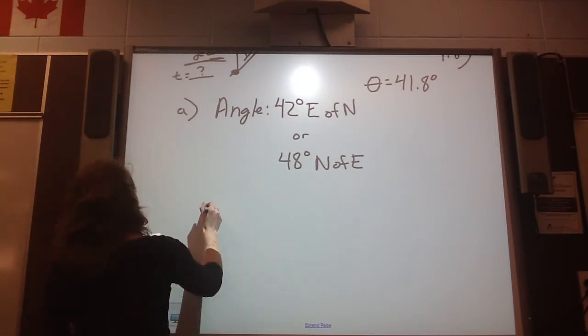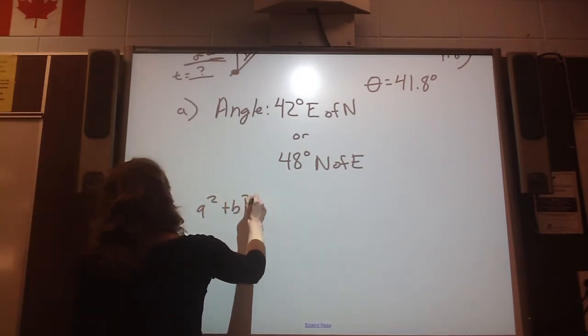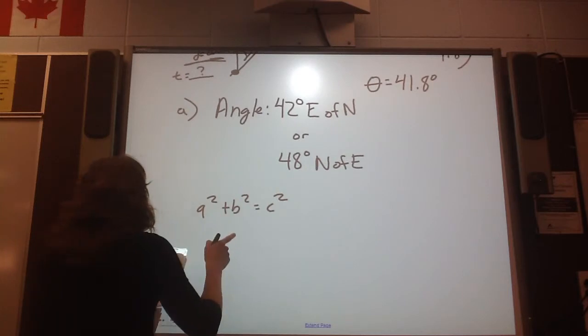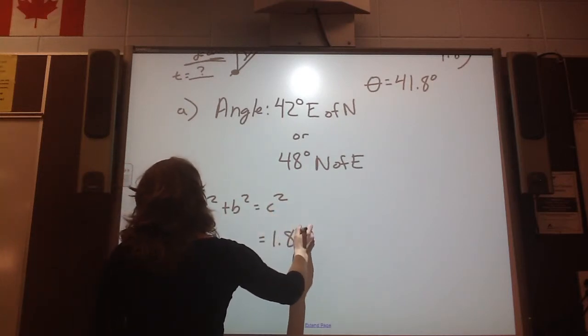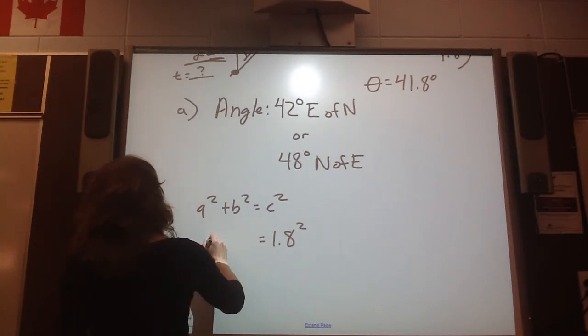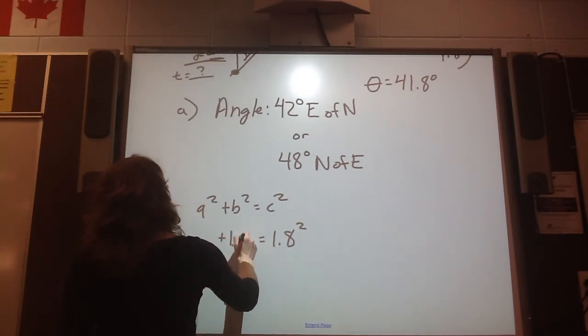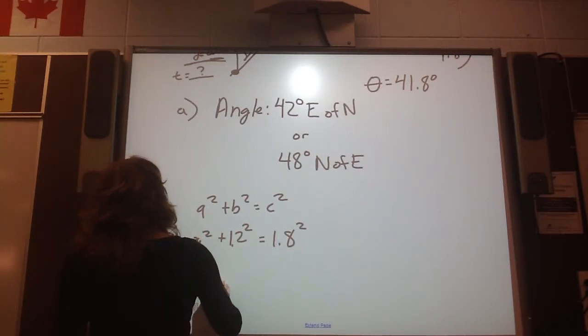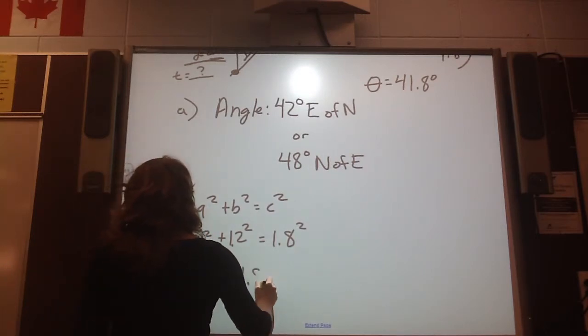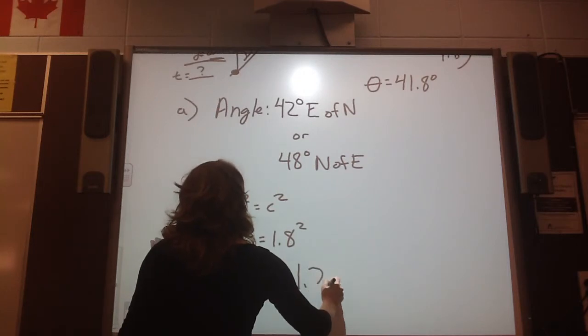So we know a squared. For this though, remember that your c squared is your hypotenuse, so you have that. So a squared will equal 1.8 squared minus 1.2 squared.